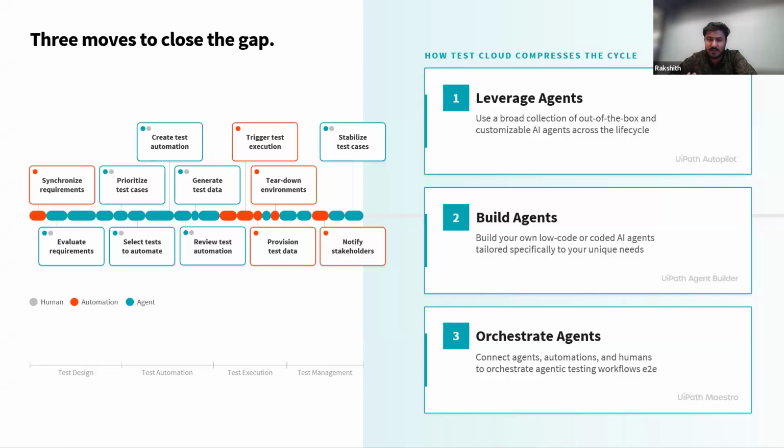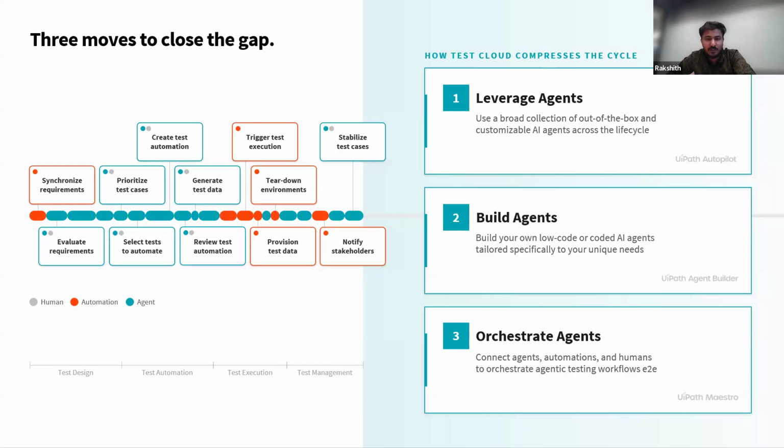One is by leveraging built-in, out-of-the-box AI agents that support them across every phase of testing. Second, they build their own agents. You can build your own agents particular to a functionality, or for any specific things that need to be done in a particular manner. And the third pillar is orchestrating the agents.